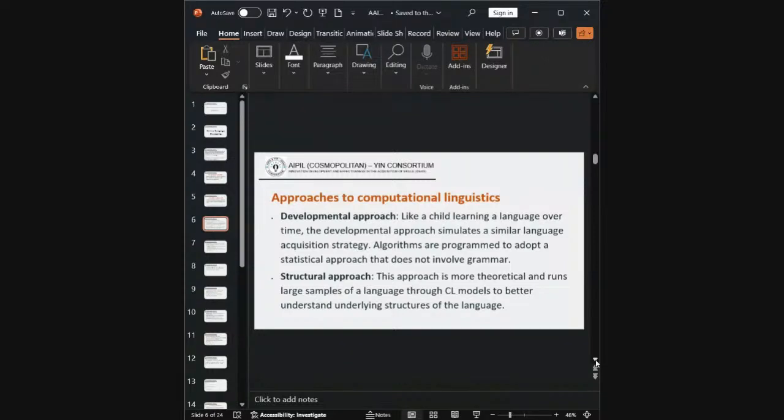Okay, this is becoming theoretical and runs large samples of the language through a computational linguistic model so that you are getting a better understanding of the structure of the language.